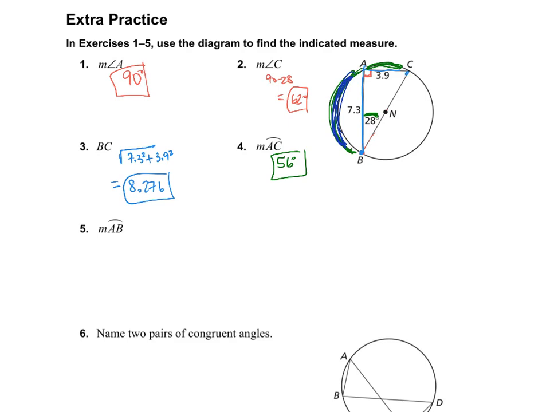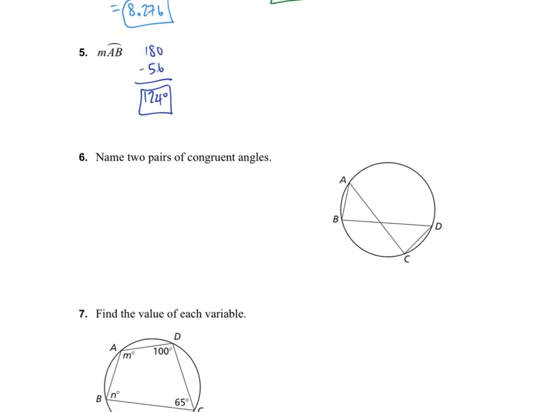I just found that AC is 56 degrees. I know that all the way like this will be 180. So we could say 180 minus that 56 is what arc AB is going to be, which would give me 124 degrees.